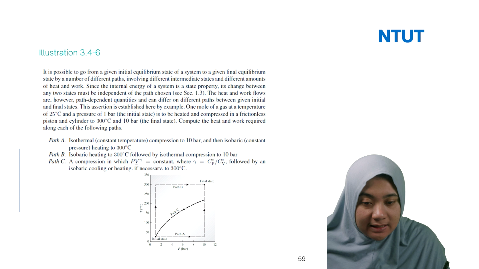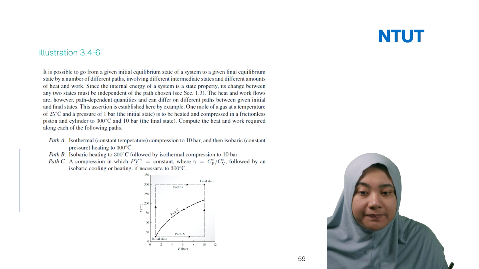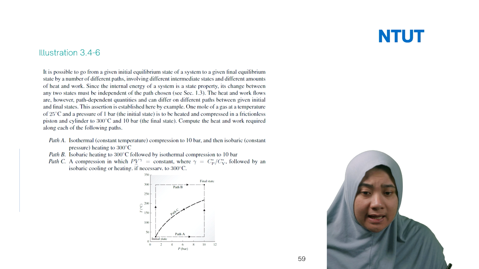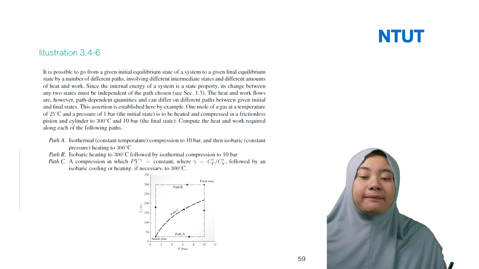So you see that initial state from 0 to 10, and then they go to isobaric heating to 300 degrees C. And path B, they go for isobaric heating to 300 degrees C, and then follow with isothermal compression to 10 bar.